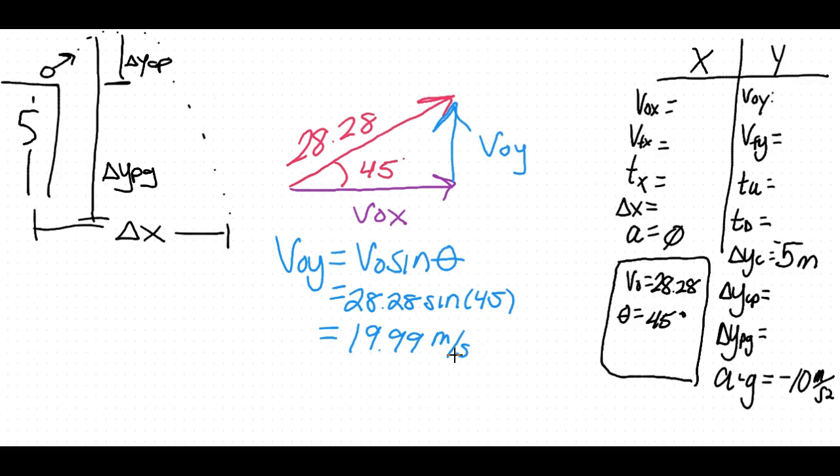Now, v initial y and v initial x for this particular problem both use 45 degrees. And if you have a 45-degree angle, that means that your other angle in your right triangle also has to be 45. So this is a 45, 45, 90, which means v initial x and v initial y have to be the same size. If you didn't recognize that, you could also just solve for v initial x using more trig.